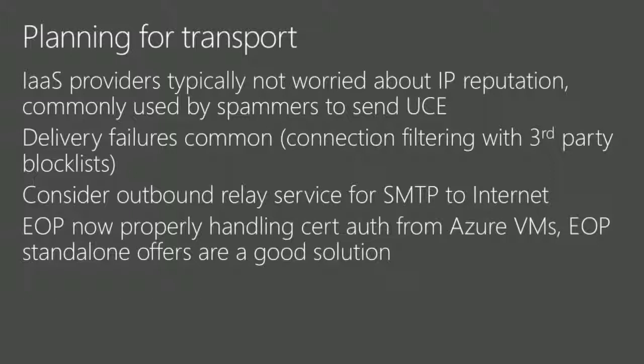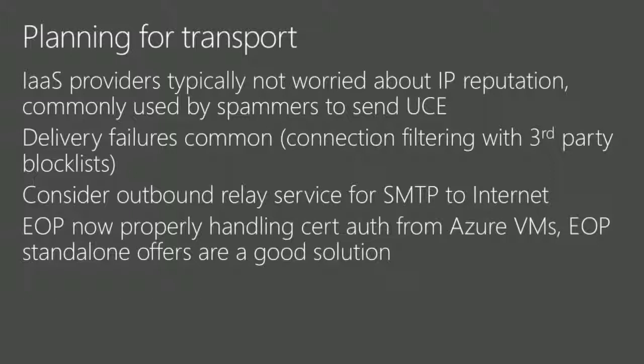Really important to understand that if you're going to deploy into Azure and actually send out bulk mail, we will notice in EOP and prevent that. We have ways to keep an eye on that. So this is not an opportunity for abuse, but be aware that EOP is an option for this, and there are other third parties out there as well that will take your outbound mail and deliver it.